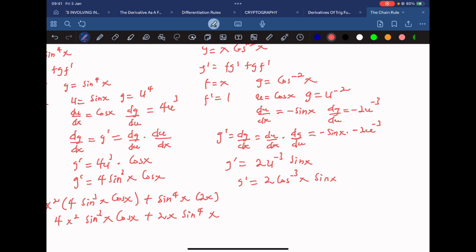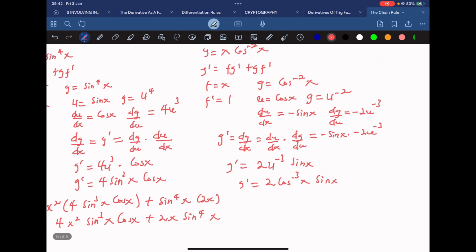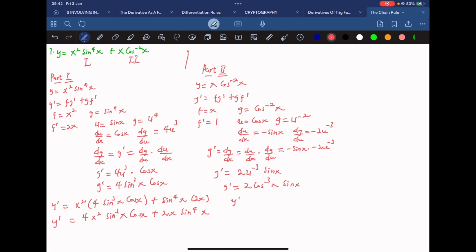So going back to do our substitution, we have y prime equal to our f over here. So we are using this. Our f, we had x.